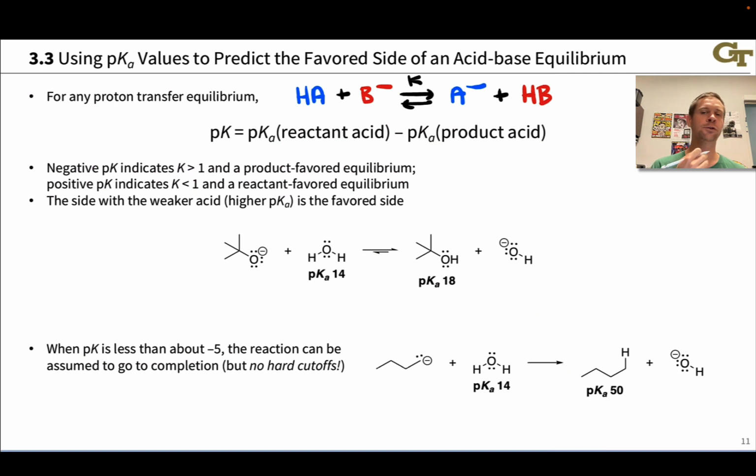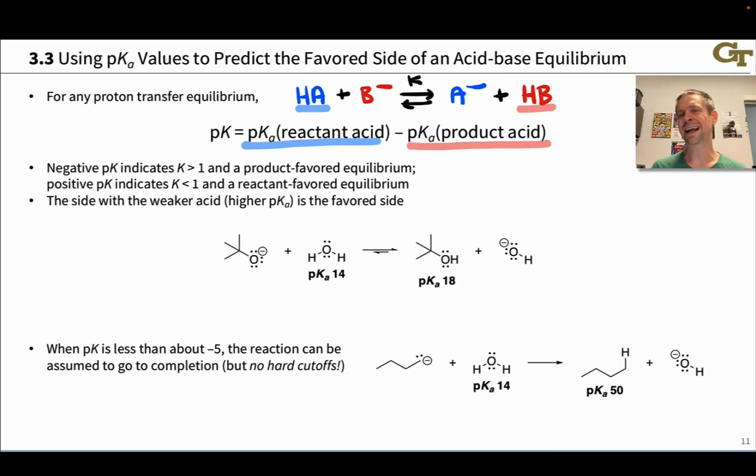The idea here, and this falls out of the math of the reaction quotients and the equilibrium constants, is that pK for this acid-base reaction is the pKa of the reactant acid, which is HA, minus the pKa of the product acid, which is HB. Now, pK is just like pKa, it's an equilibrium constant.